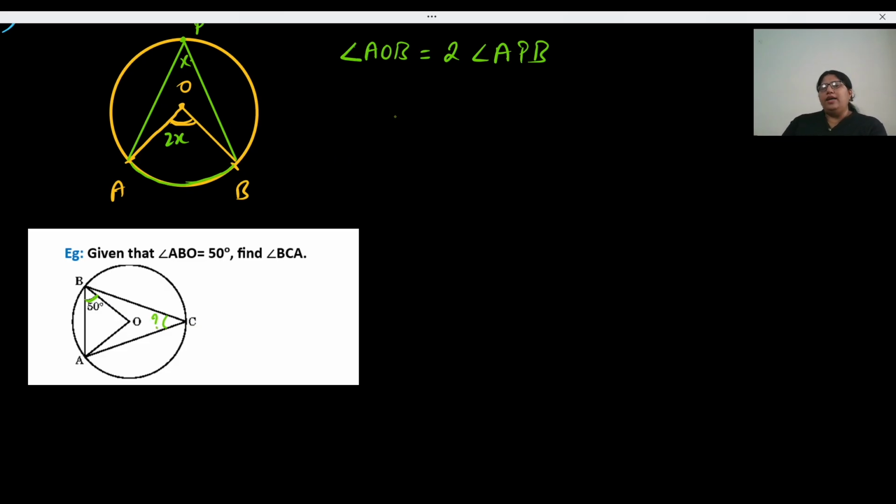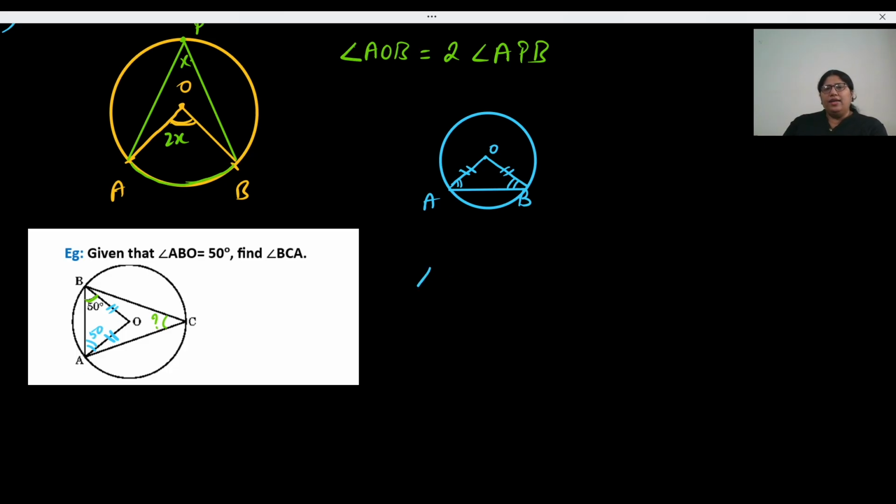Remember, whenever we take a circle, if in any triangle made by two radii, two of the sides are radii, you will always get an isosceles triangle. Here also OA will be equal to OB, and the base angles are equal, because angles opposite to equal sides are equal. So this angle and this angle will both be 50 degrees.